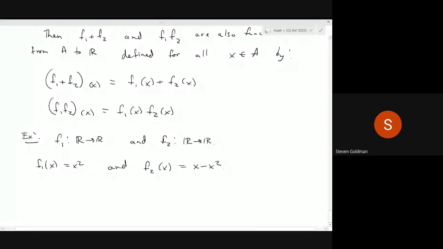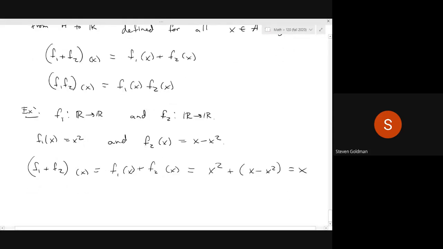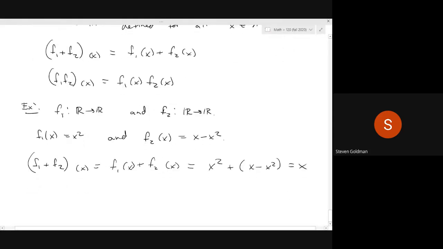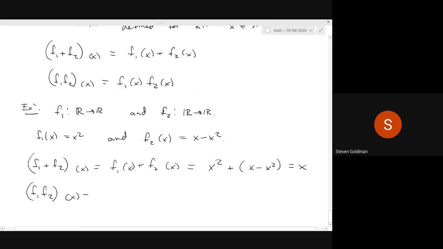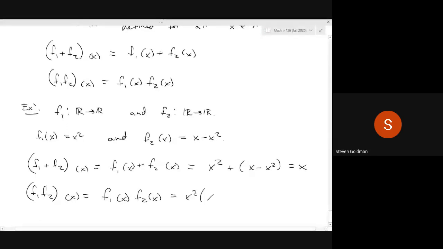Well, f1 plus f2 of x will be f1 of x plus f2 of x. So this is a new function that's going to be equal to x squared plus x minus x squared, which is just x, right? X squared minus x squared is 0. And their product, f1 times f2 of x, would just be the product of the two functions, which would be x squared times x minus x squared, which is x cubed minus x to the fourth.